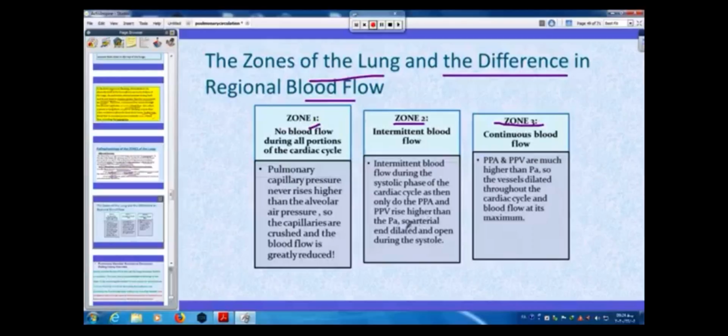So the arterial end is dilated and open during the systole. Zone 3, continuous blood flow. The pressures in the artery and the vein are much higher than the pressure in the alveoli, and so the vessel is dilated throughout the cardiac cycle and blood flow is at its maximum.